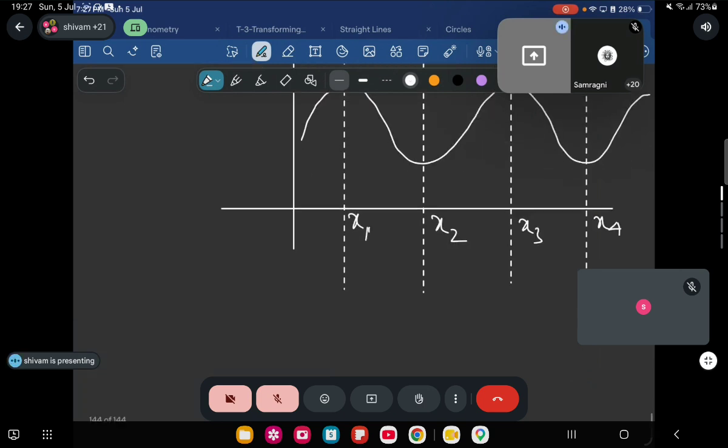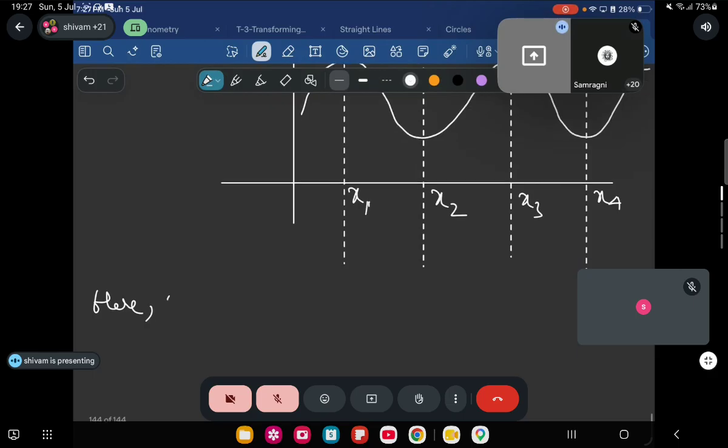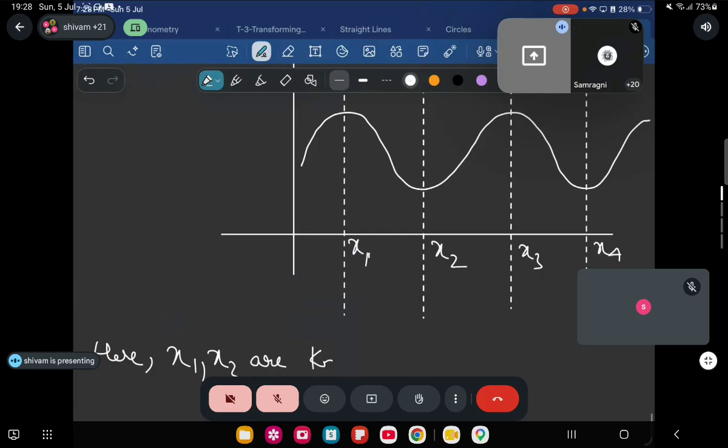Okay, everyone. So all these points over here, x1 and x3, are known as local maxima. And x2 and x4 are known as local minima.